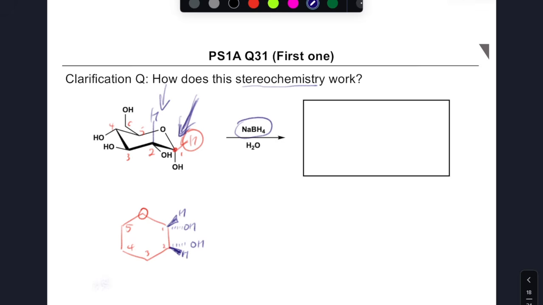So carbon 3, we're going to have the oxygen sticking up, hydrogen back, and then carbon 4, it's going to be oxygen back and hydrogen up. And then carbon 5, that's actually going to have the carbon up to carbon 6 sticking up, and hydrogen to the back. And finally, carbon 6 just has an OH. There's no chirality on that one because we have a CH2.